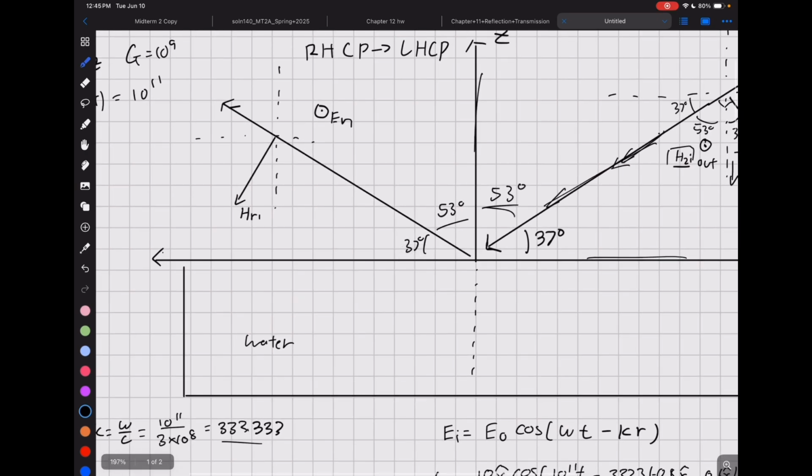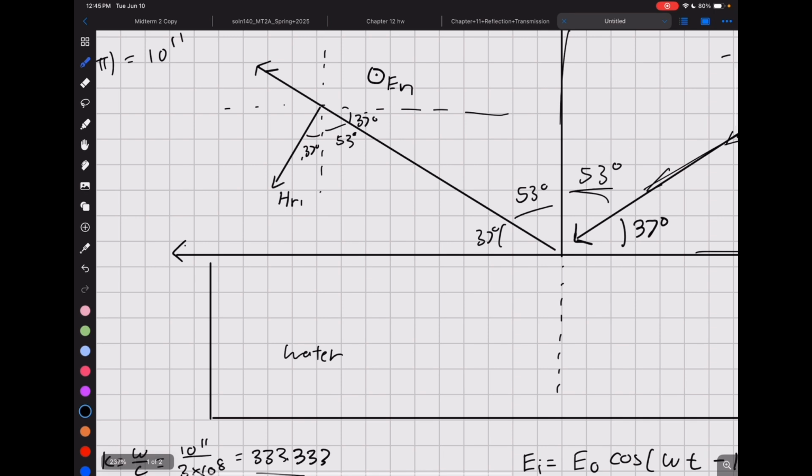And our H reflected 1, if this is 37 degrees, this is going to be 37 degrees. You can also see that these lines are parallel, and these are angles that are going to be the same. So this is 53, so that makes a 90, and the remaining is going to be 37 here.